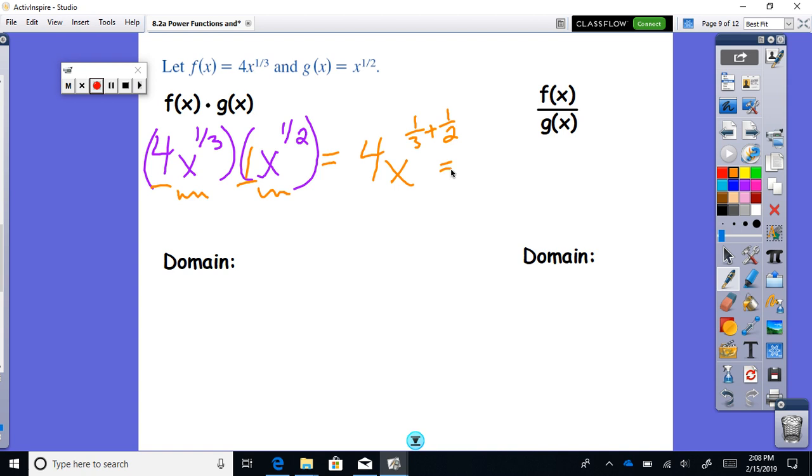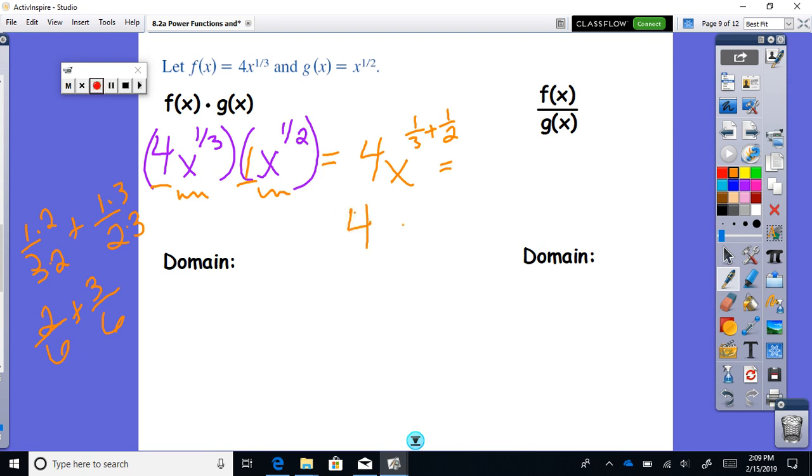I'm going to do a little side work then over here. 1/3 plus 1/2. I need a common denominator. I'm going to use 6. So I'm going to change this one to 6 by multiplying it by 2. So 2/6. 1/2 is the same thing as 3/6 if I multiply both the top and bottom by 3. And then 2/6 plus 3/6 is 5/6.